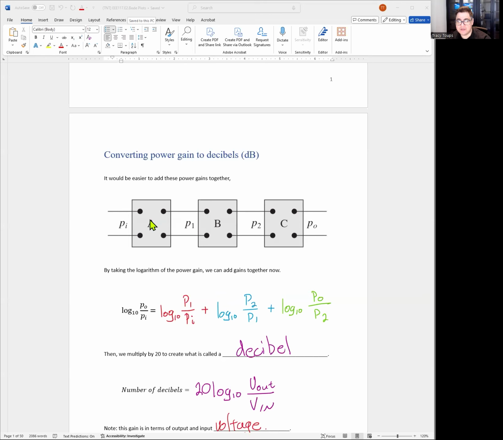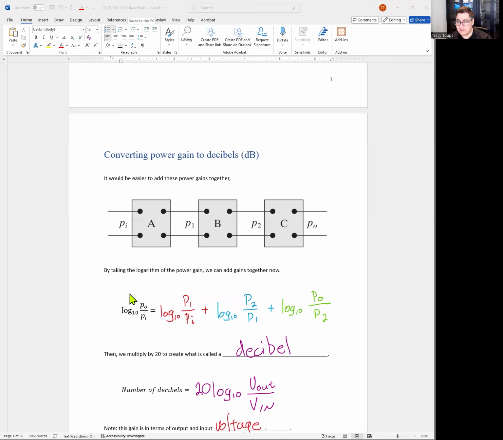So what a lot of electrical engineers did about 100 years ago is they decided on a math trick. They realized instead of multiplying things together, it's easier to add things, right? I think we can all agree adding numbers is easier than multiplying numbers. So mathematically, you could take the gain and take the log of the gain. And remember what logs do. Logarithmic functions take multiplication and division and turn them into addition and subtraction.